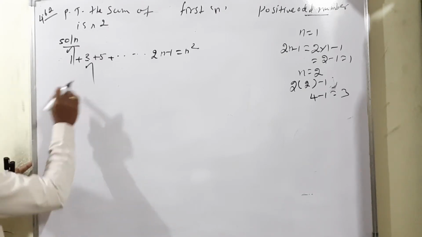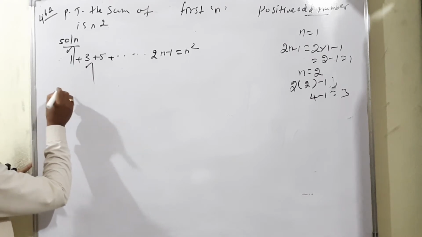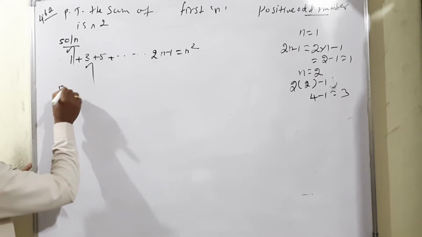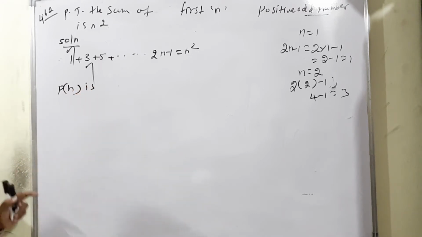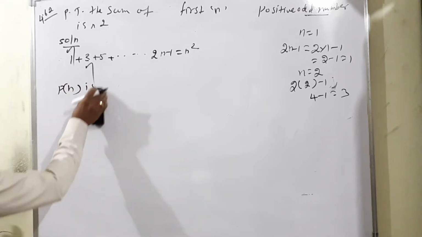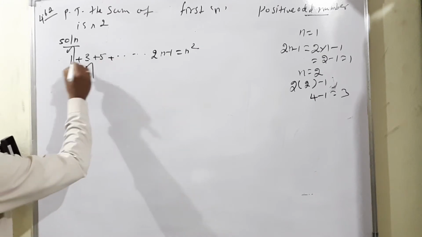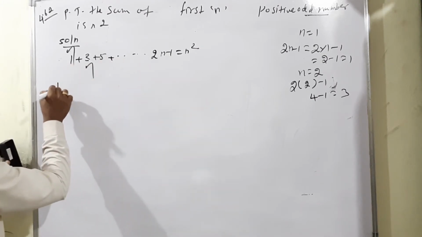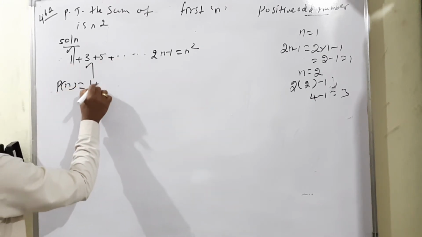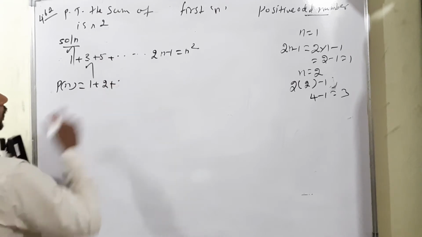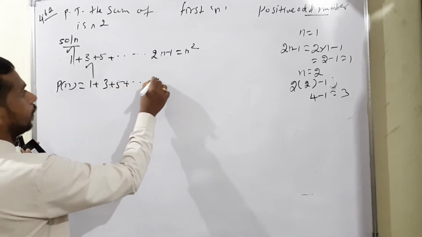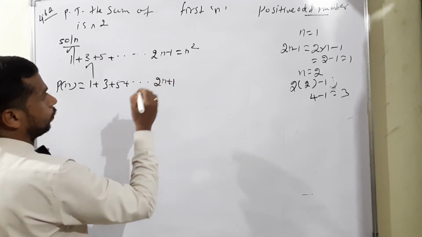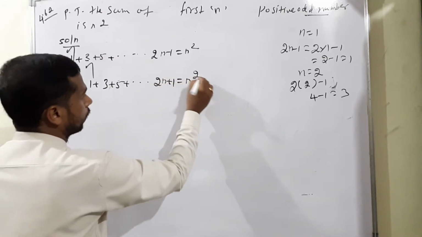What do we have to do in the first step? Not P of n, isn't it? First you have to consider the whole term P of n. So, P of n is equal to 1 plus 3 plus 5 plus dot dot dot 2n minus 1 is equal to n square.